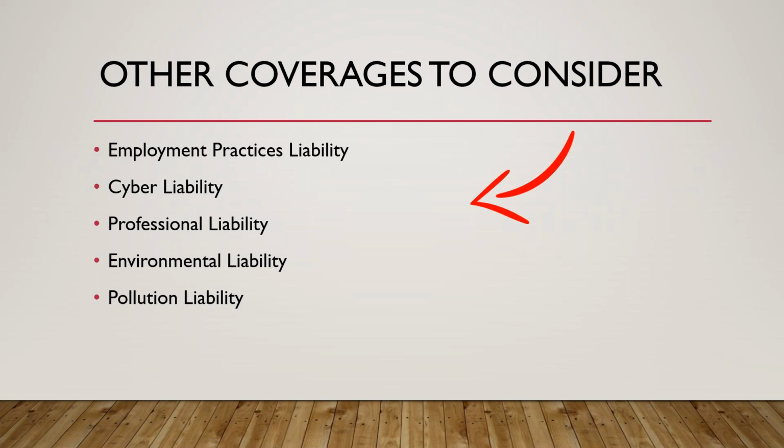And then the last two, environmental and pollution liability. Especially the environmental and pollution, they're both hypersensitive in the industry now. There's a lot of regulations and laws that are really making the vendor or the contractor liable for any damage that they would cause environmentally or pollution-wise.